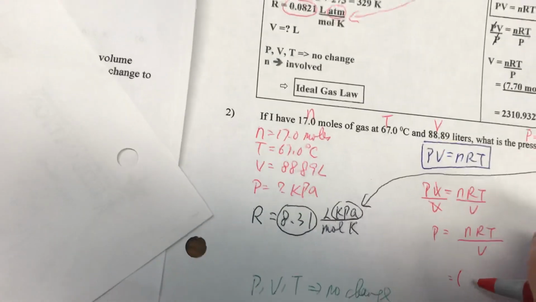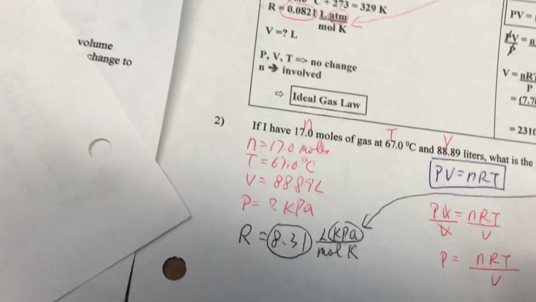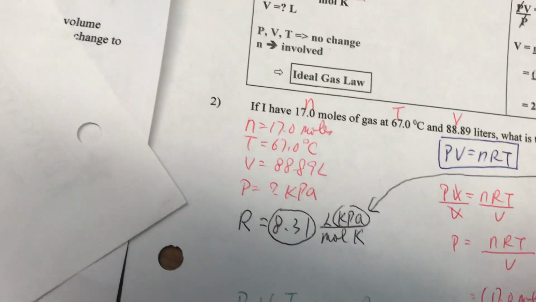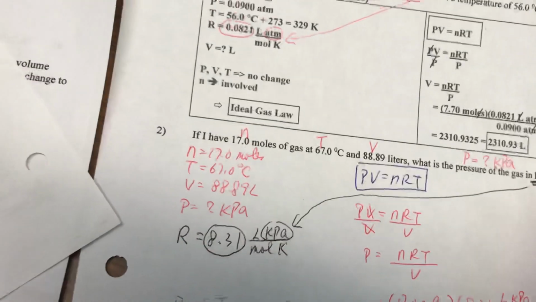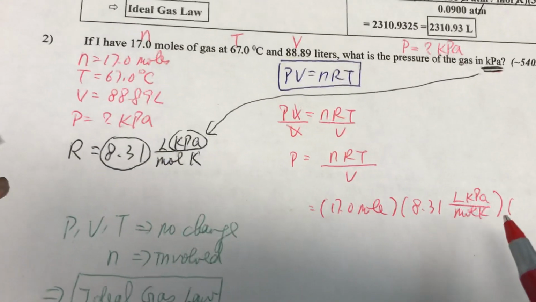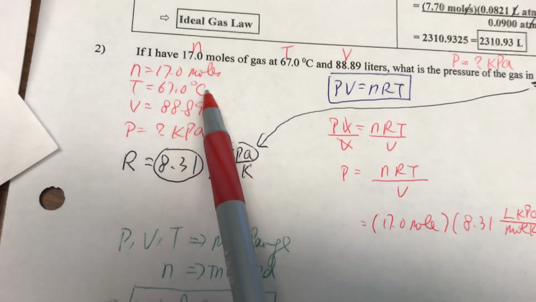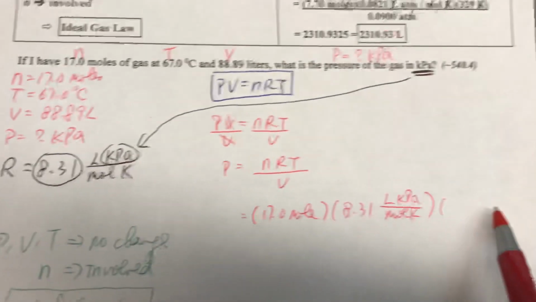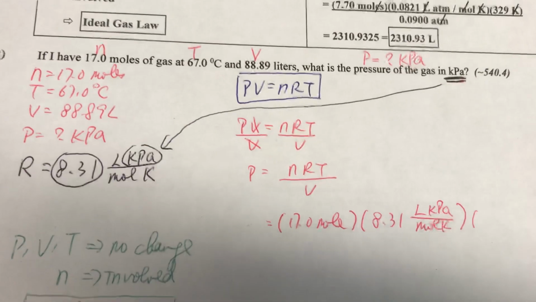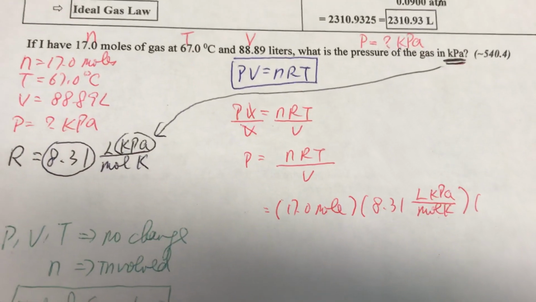Now after that, I'm going to start to plug in the numbers. So my N is 17.0 mole. And my R is 8.31 L kPa over mole K, right? And then my temperature should be in Kelvin. I cannot put 67 degrees Celsius here, because I can't cancel the unit between Kelvin and degrees Celsius, since they are not the same unit.